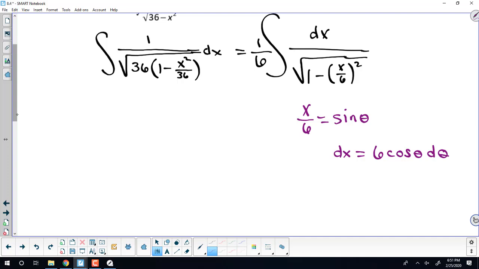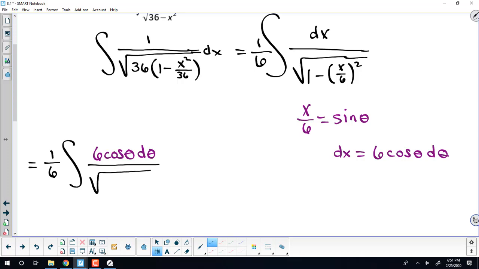Okay, then we resubstitute. We have our 1/6 antiderivative. dx is now 6 cosine theta d theta. And we've got the square root of 1 minus sine squared.